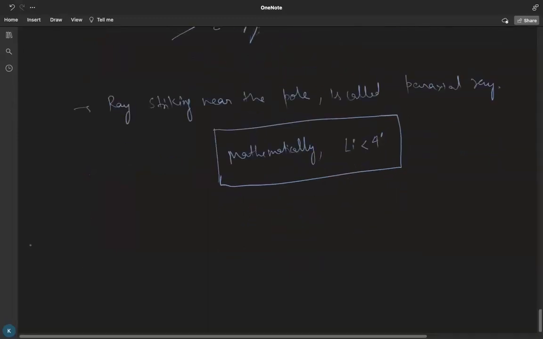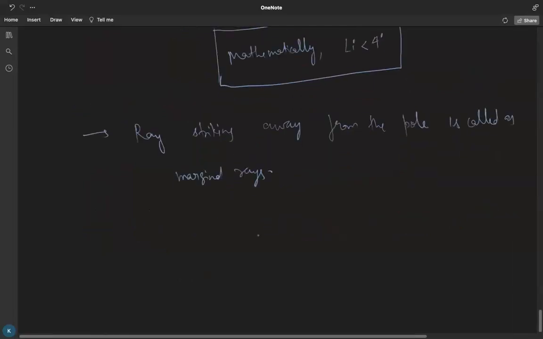The next thing is, when a ray strikes away from the pole, it is called a marginal ray. Mathematically, the angle of incidence is greater than 4 degrees, so we can say the ray is a marginal ray.